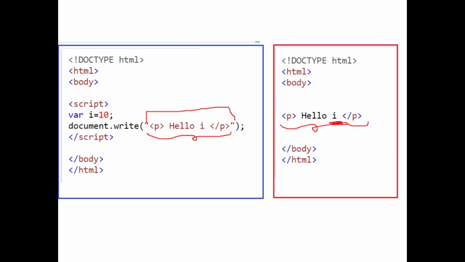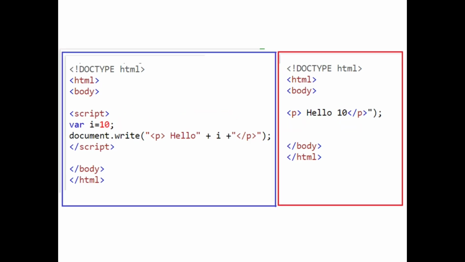So how to display a variable value using document.write? I require here hello 10 inside p tag. 10 is nothing but the variable value. This is very important for this program. Let us see one more example and try to understand it. So here I wanted to embed this code inside HTML, that is hello 10 within p tag. So I have declared a variable I equal to 10 and I am writing the document.write function with a different type of parameter.